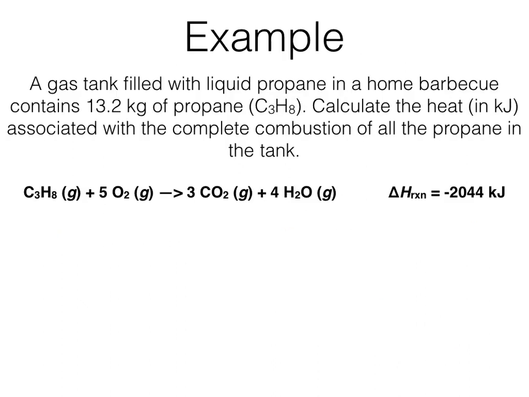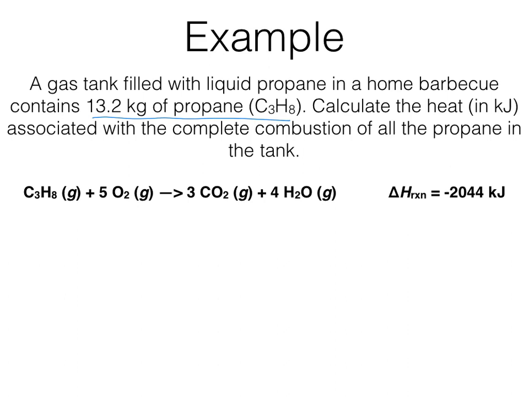And so, as our example, we have a gas tank filled with liquid propane in a home barbecue. It contains 13.2 kilograms of propane, and we need to calculate the heat associated with the complete combustion of all of the propane in the tank.